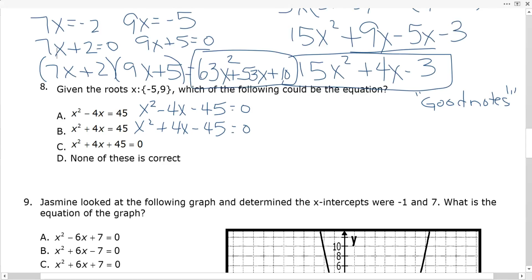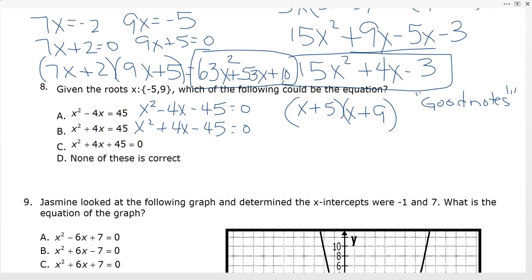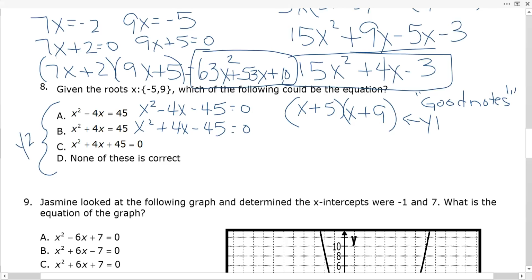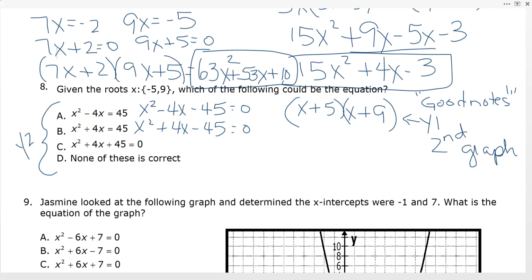Okay, so I could take x plus 5 times x plus 9, and I could put that in y1, and I could put one of my answer choices in y2, and I could go to second graph and see if my table looks the same. If it does, I have the right answer. If it doesn't, I don't. But let's go ahead and work this out.